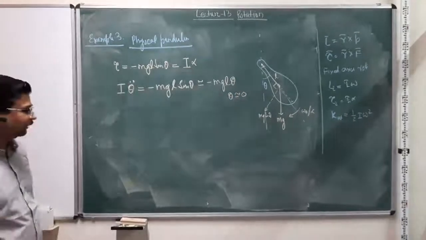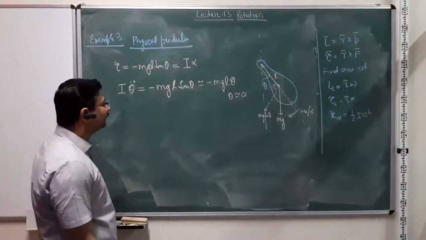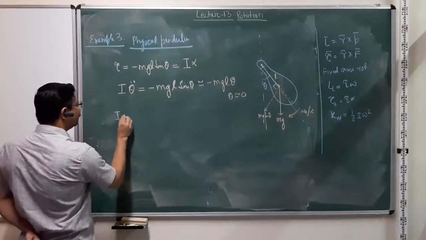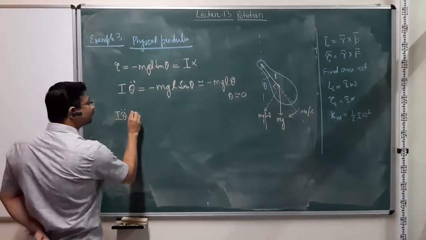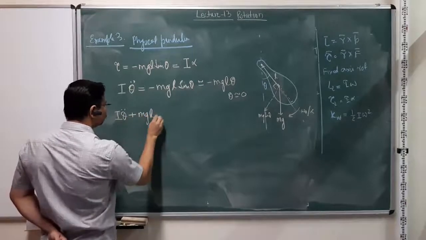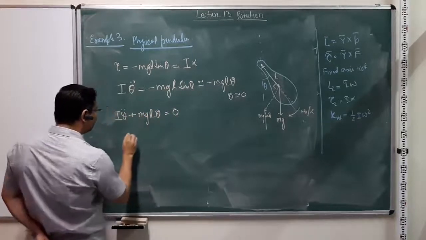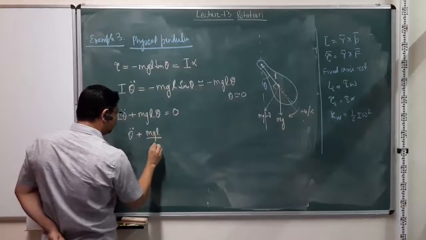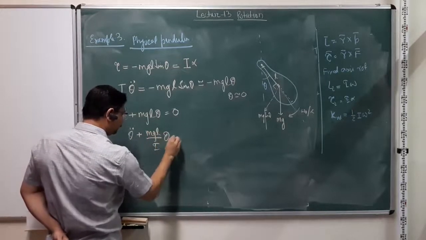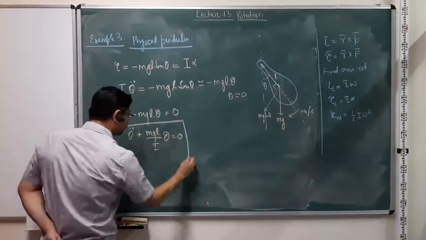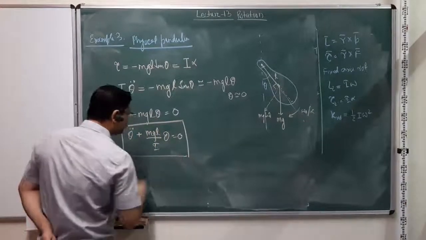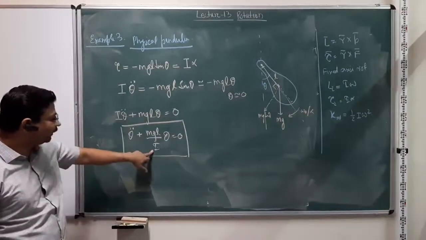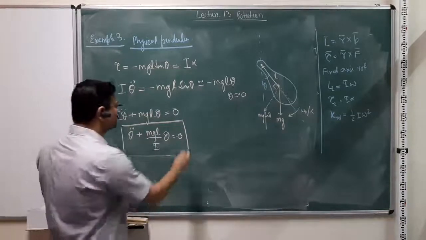So, small angle oscillations, we still continue with that approximation, and then I can write this as the familiar equation of simple harmonic motion: d2 theta over dt square plus mgL over I theta equals 0. So this is for a physical pendulum, independent of the shape and other things. All that information is contained here in the moment of inertia.